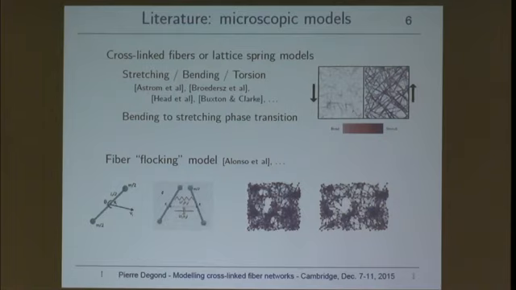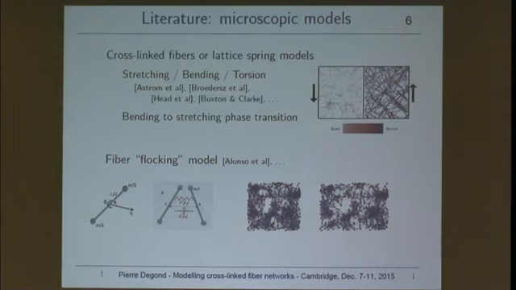So when you deform the material, first the material resists against bending, and then when you increase the density of elements, the mechanical resistance switches to a resistance against stretching, if you, for instance, drag the two sides.